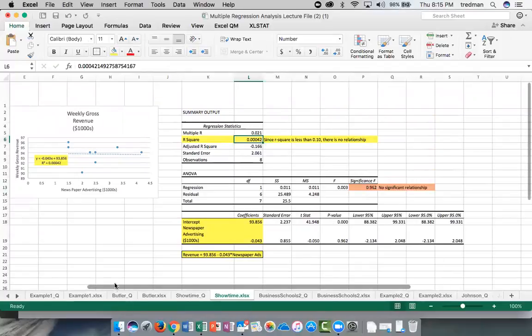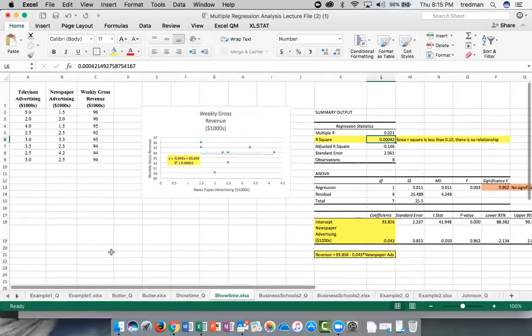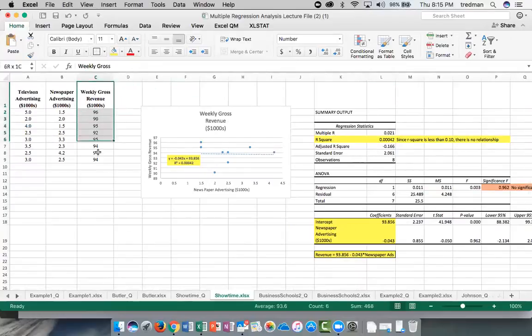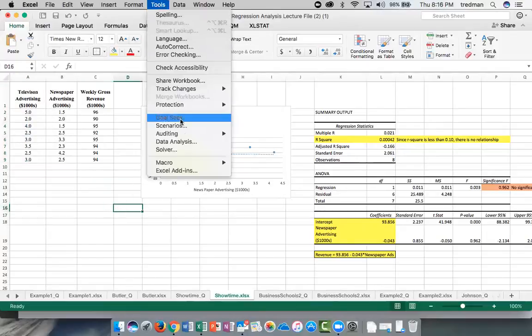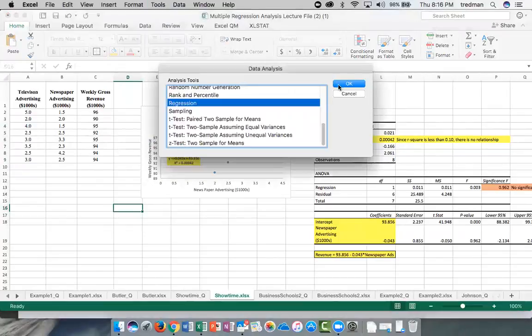So we're going to skip doing the other simple linear regression, and I'm going to do a multiple regression where weekly gross revenue will be the dependent variable, and television and newspaper advertising will be used. And since there are 2 independent variables, I can't do a scatter plot, so I'll skip that step. Go back to the regression tool.